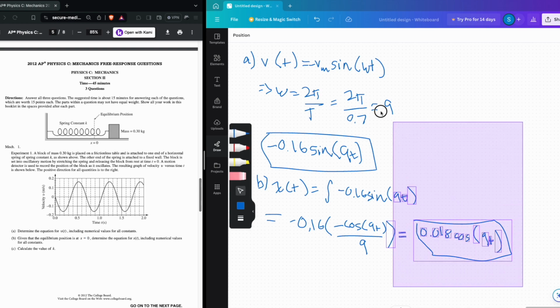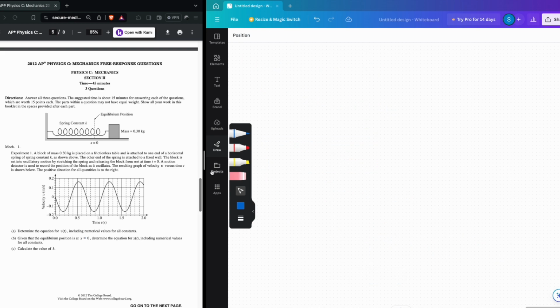Now let's clear the board and move on to part C, which asks us to find the value of K. This can be done in many ways, but we can just use the equation for the period of oscillation for springs, T equals 2 pi square root of m divided by K. If you square both sides, you get K equals 4 pi squared m divided by T squared.